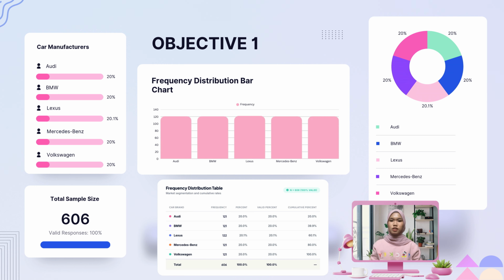Lexus have 122 respondents, which is 20.1%, making it the highest by only one respondent. The bar chart in the center clearly illustrates this distribution. All the bars are nearly the same height, showing that each car manufacturer has almost the same number of respondents.